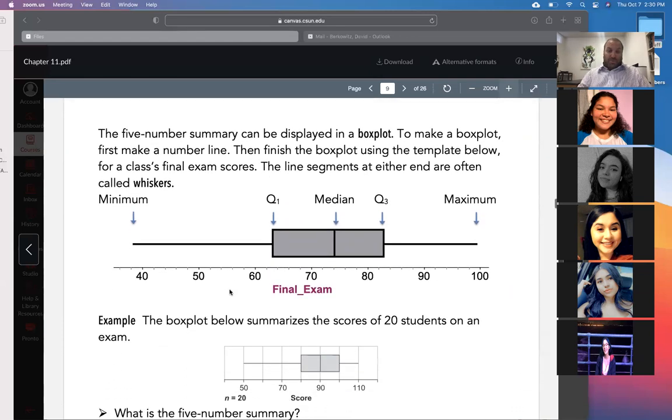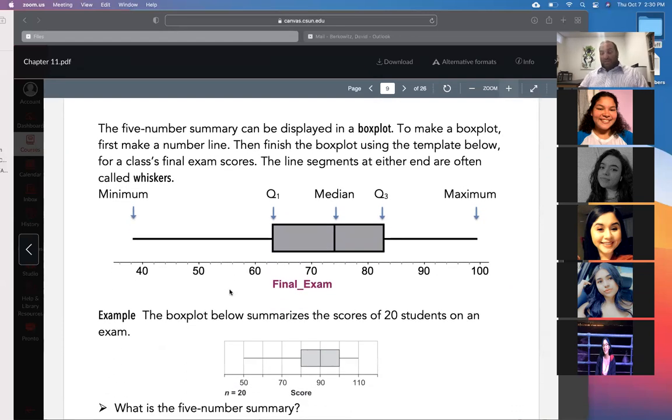And then what we do is we display the 5-number summary in something called a box plot. And a box plot, as shown here in the picture, is very straightforward. I mean, hard to describe in words, but easy to see.